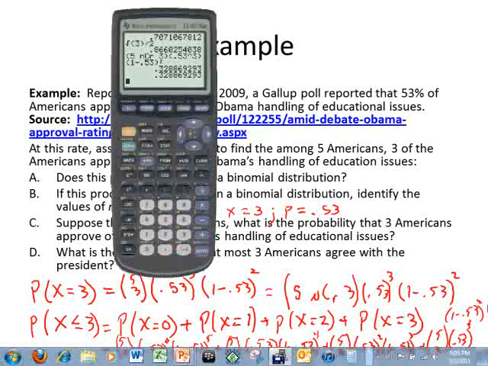Well, let's put it in and see what we get. So now we get 5 math, 5 choose 0, 0.53 raised to the 0, 1 minus 0.53 raised to the 5th, plus 5 choose 1, 0.53, 1 minus 0.53 raised to the 4th. So far, so good.